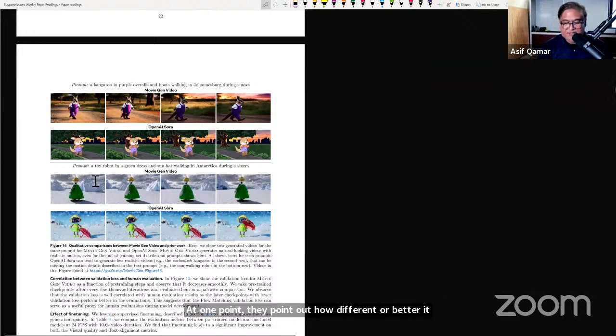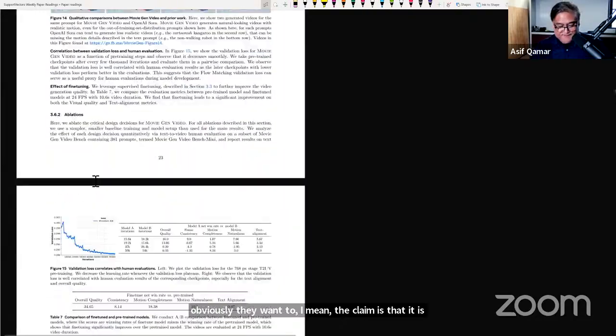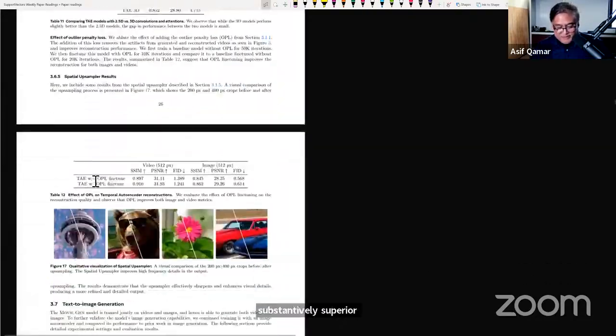Here is the image. They compare the movie that their algorithm generates with the movie that Sora generates, and the claim is that it is substantively superior. So that was this paper.